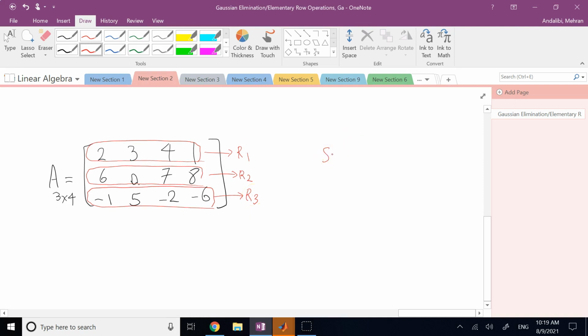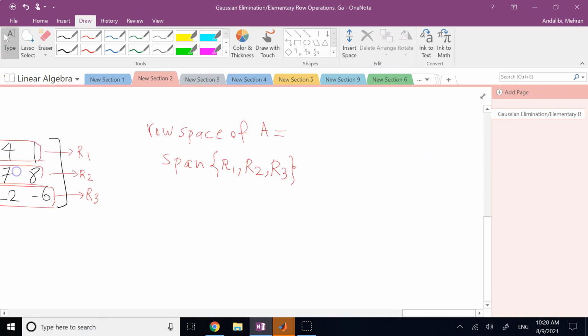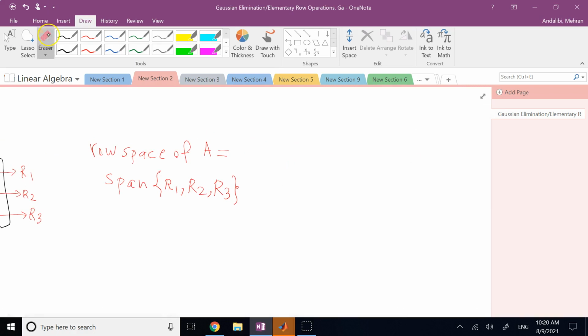So here, when I say span, or I say row space, the row space of A is equal to the span of R1, R2, and R3. And what does that mean? It means any possible linear combination of these three.